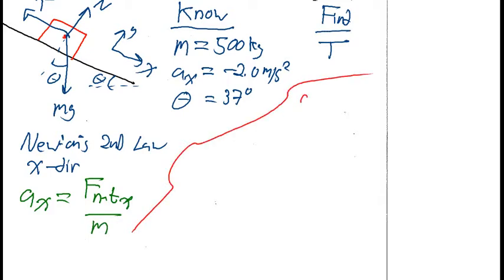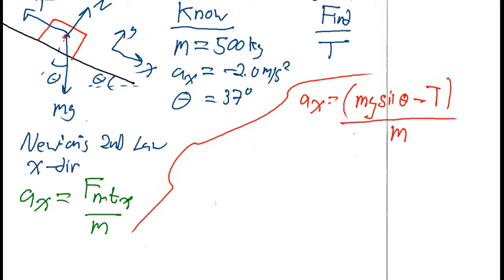So that is going to tell us that a sub x is equal to mg times the sine of theta, because that's the shadow of the weight that points down the hill, minus the tension force, because it points up the hill, we called up negative, divided by the mass. And now I just need to solve this algebraic expression for the tension.